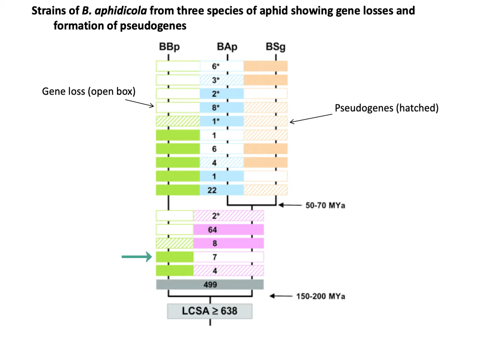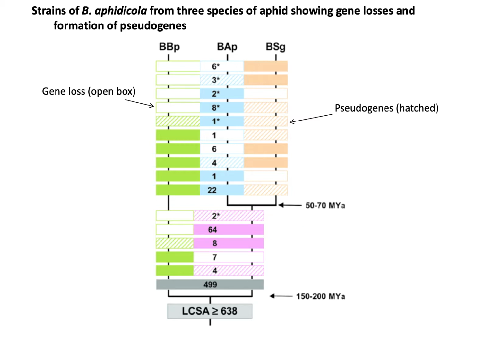And then in another case here in green, those 7 genes have been retained and they've been completely lost in the other strain. Conversely, here, 8 of the genes have become pseudogenes over here, but are retained by these strains over here. And then another 64 genes have been completely lost over here, but retained along this line.